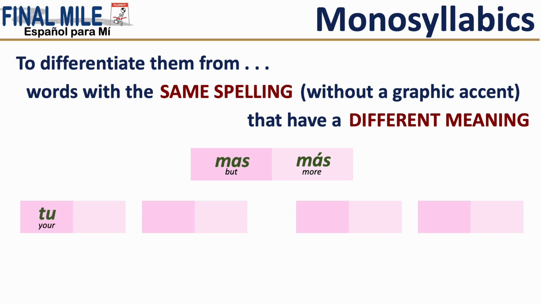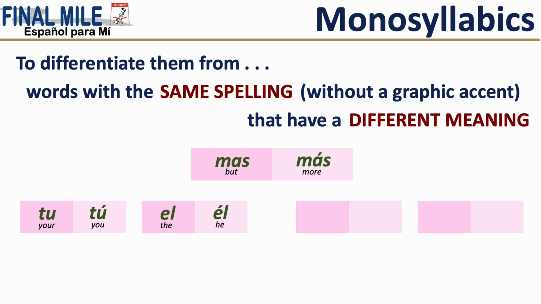Let's look at 4 more. There are not that many, but they are very common actually. Tu without an accent means your, as in your car, your purse. And tú with an accent means you, as in tú comes, you eat. El without an accent means the.